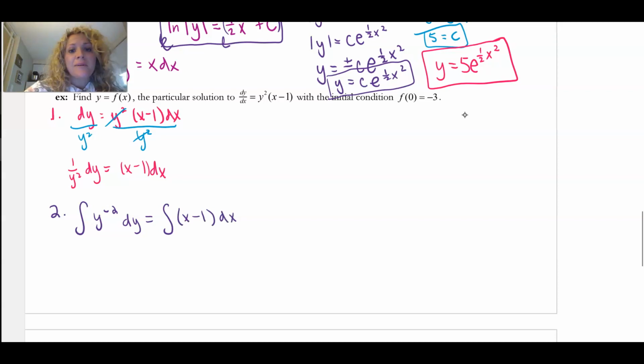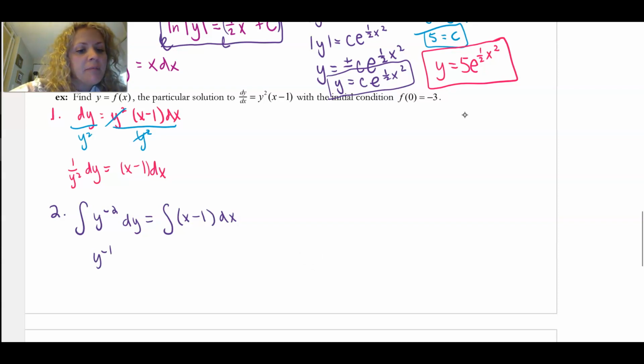Those parentheses aren't really necessary. It's always implied that the function that we're integrating is in parentheses, so it's okay if you drop them there. All right, as we integrate on the left side the antiderivative of y to the -2 power, we're going to use our power rule. So we're going to add 1 to the exponent, which makes that y to the -1, and then divide by our new exponent, -1.